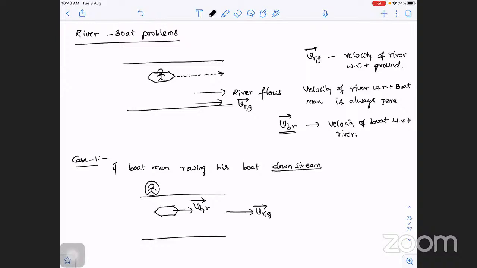Yes, river and boat both are in the same direction. Whenever both are moving in the same direction, we call it the boatman is going downstream.